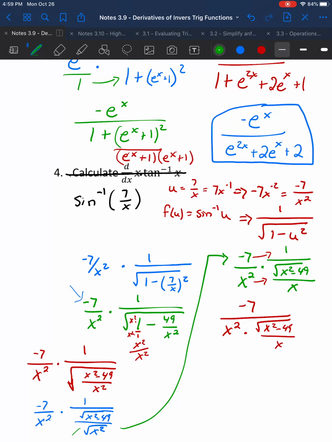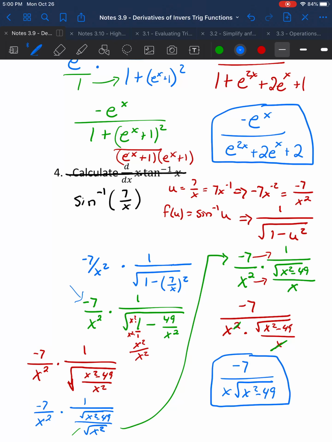Because now I can cancel this x in the denominator of the denominator and one of those. And that would be my final answer, -7 over x times the square root of x squared minus 49.